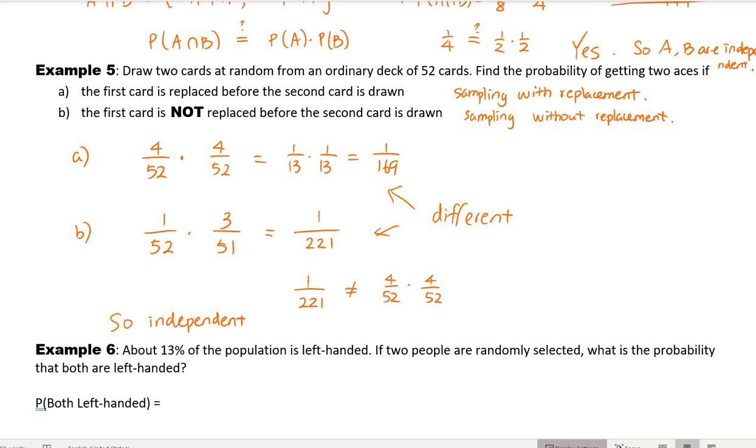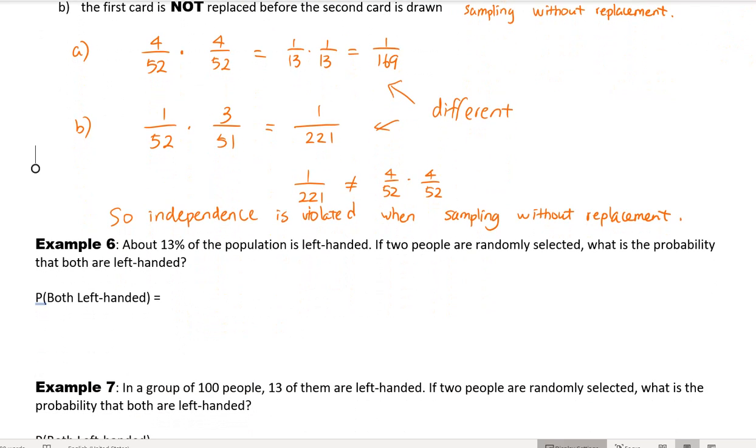Independence is valid when sampling with replacement. After you draw 1 card and you don't replace it, your second round depends on the result of the first round. So that's why we don't have independence.